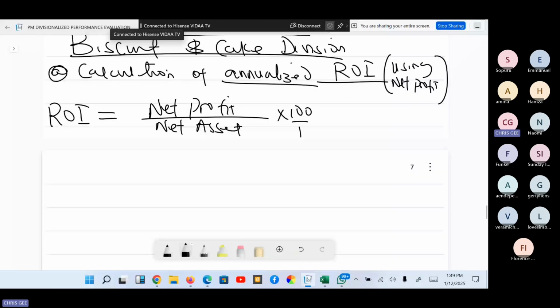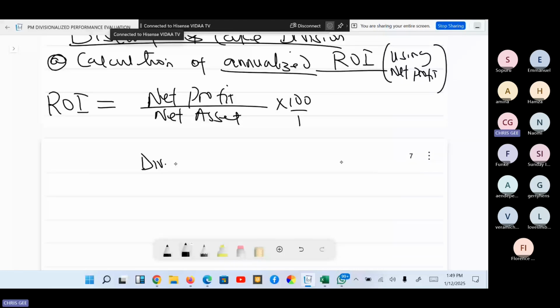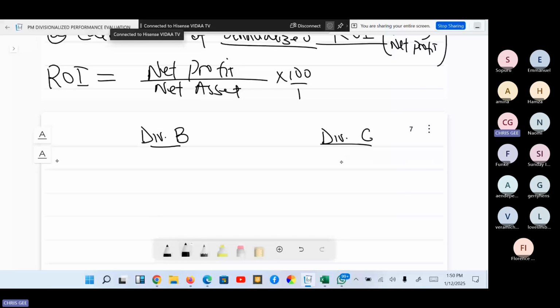So we have two divisions. The first division is what? Division B. And then we have Division C. So their July net profit. What's the net profit for July? $311.